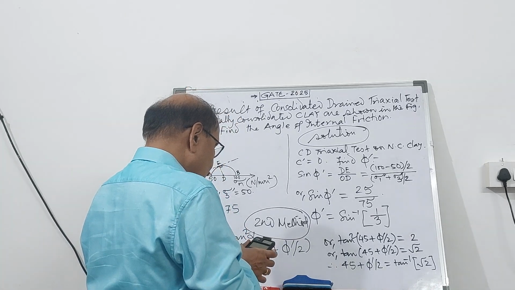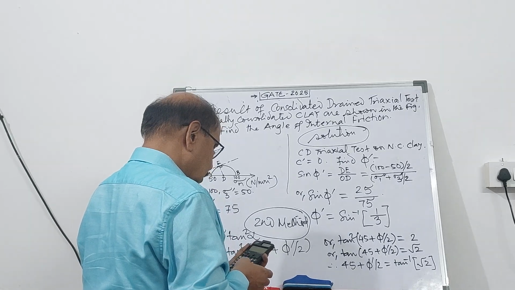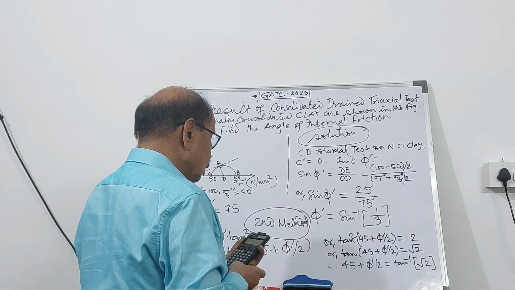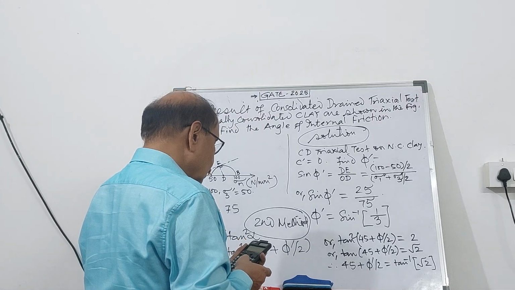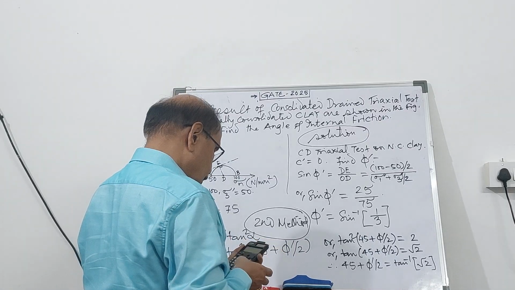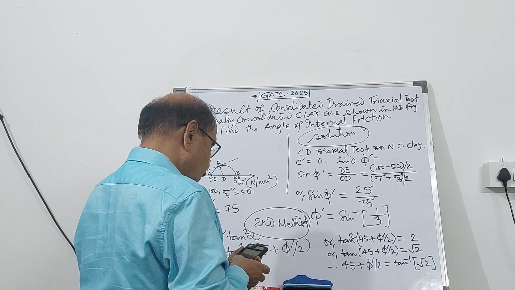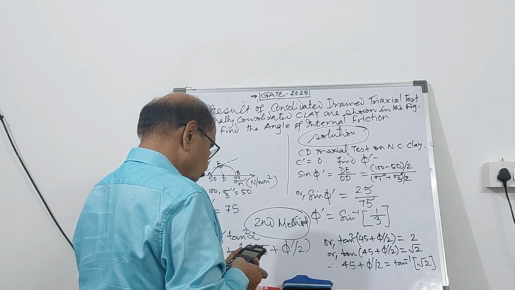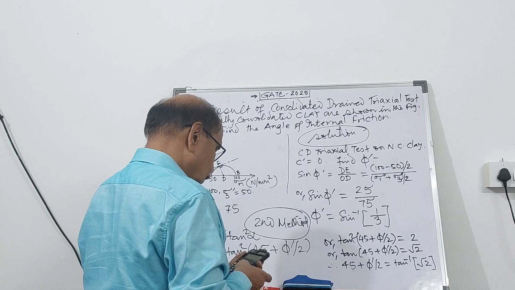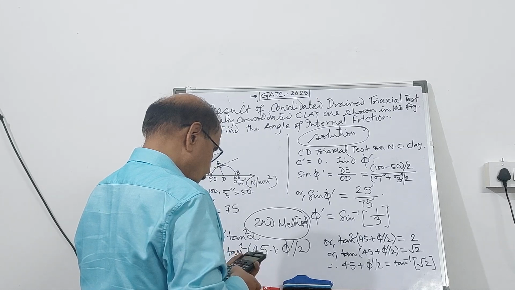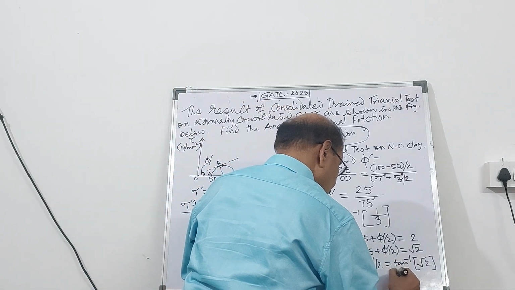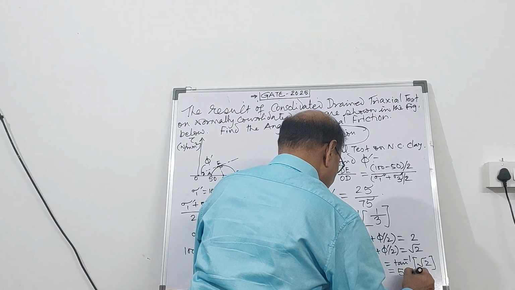So shift tan inverse root 2. This is giving you 54.73.